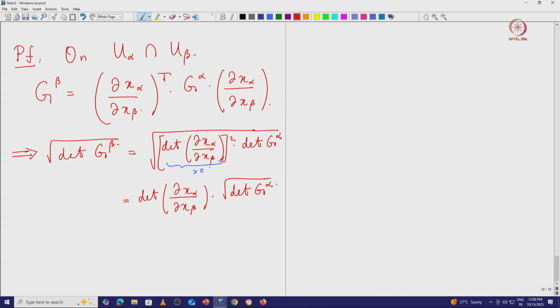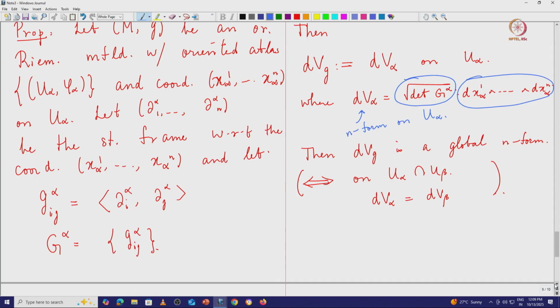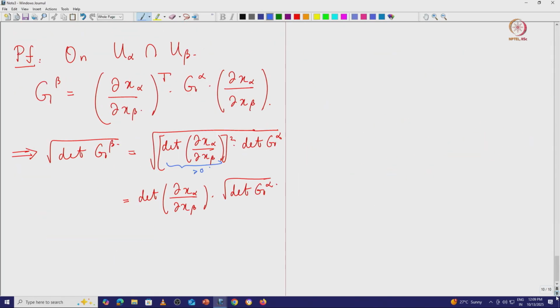Okay, so if you go back to our definition of dV_alpha, the first part was we need to understand how this determinant term transforms. So we now understand that. The second part is how does this n form transform. Okay, all right.